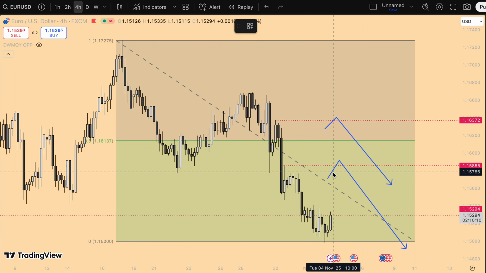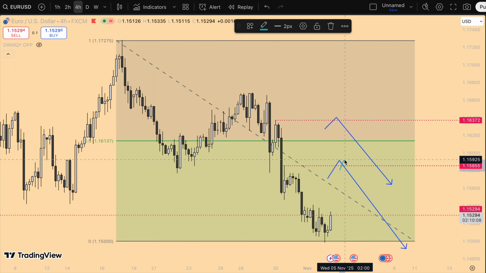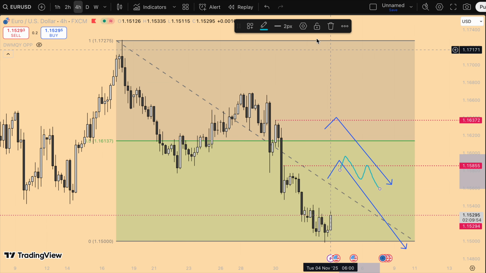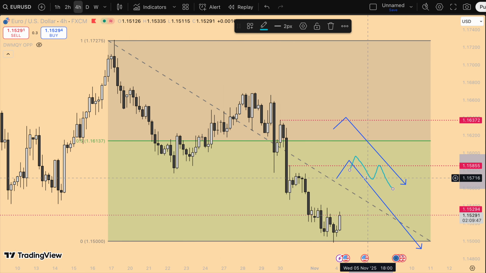Once the market comes into here, for example, we can now look for that change of character, where we start to see the supply chain being formed and lows being broken. Once you start to see lows being broken, that can give you an indication that perhaps bears are stepping into the market, and then we are looking for short positions. So that's basically it.